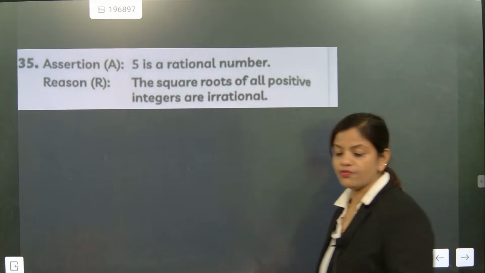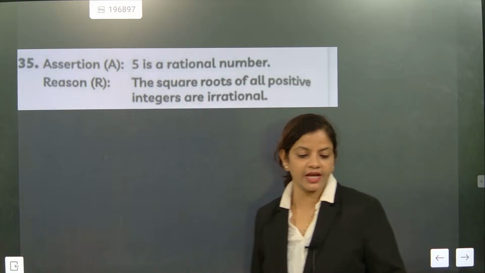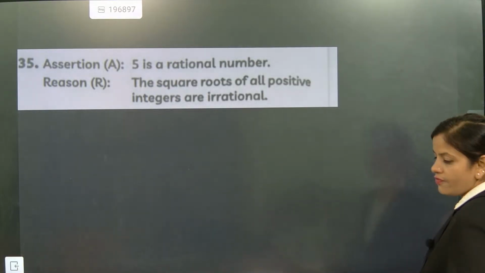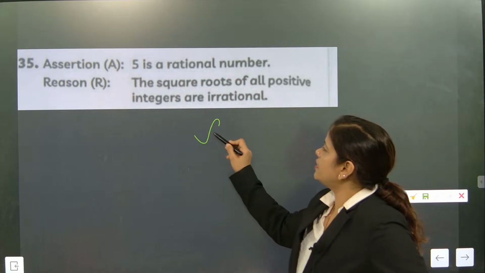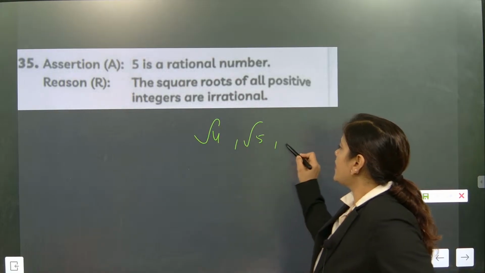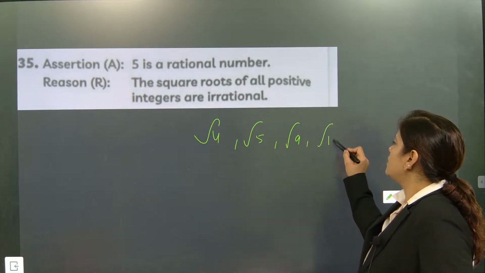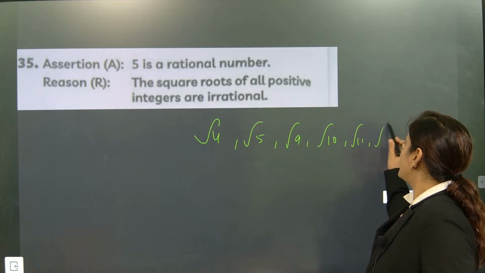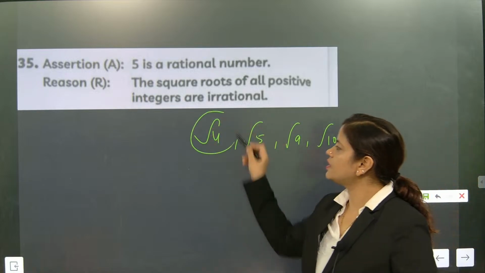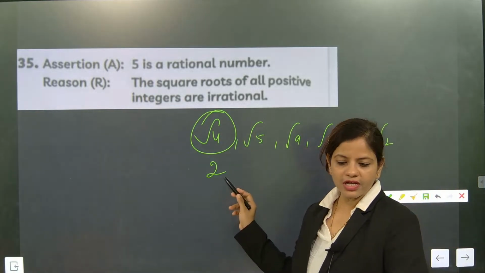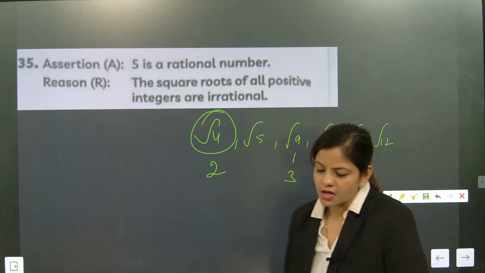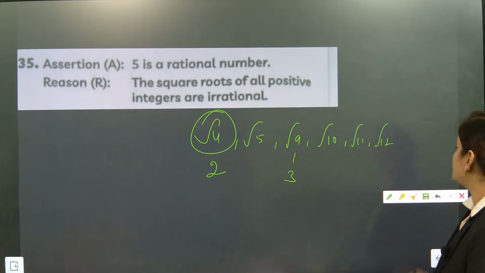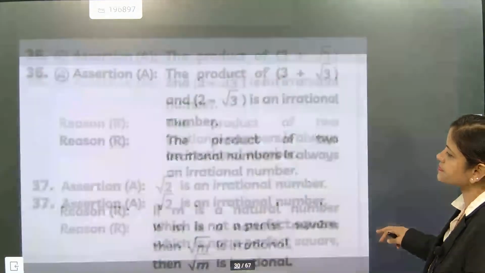Like root under 4, root under 5, root under 9, root under 10, root under 11, root under 12. Here root under 4 is 2. That is not irrational, it is rational. Root under 9 is 3. This is also rational. Understood or not? So these are rational numbers.